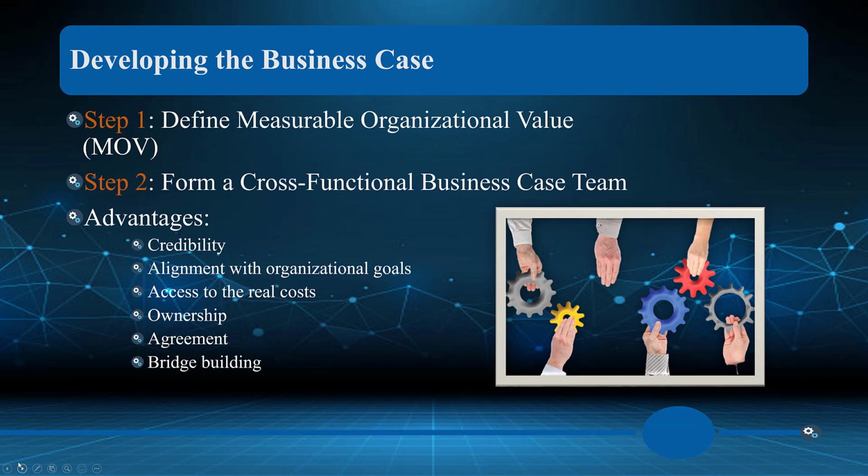So as we talk about developing a business case, this is sort of step 1. So we've defined, we've looked at the measurable organizational value of the project that we're going to do. We've got those metrics in place. We have a means of providing data to support the project, and that's key, okay? So form a cross-functional business case team.